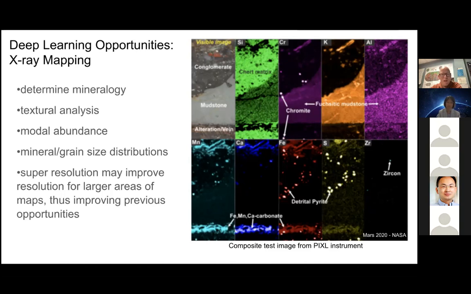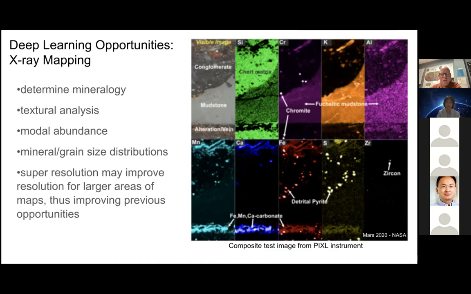We use a technique called X-ray fluorescence, where we bombard the sample with high energy X-rays, which in turn cause the sample to give off characteristic X-rays, in this instance in the form of visible light that correlates to certain types of elements.